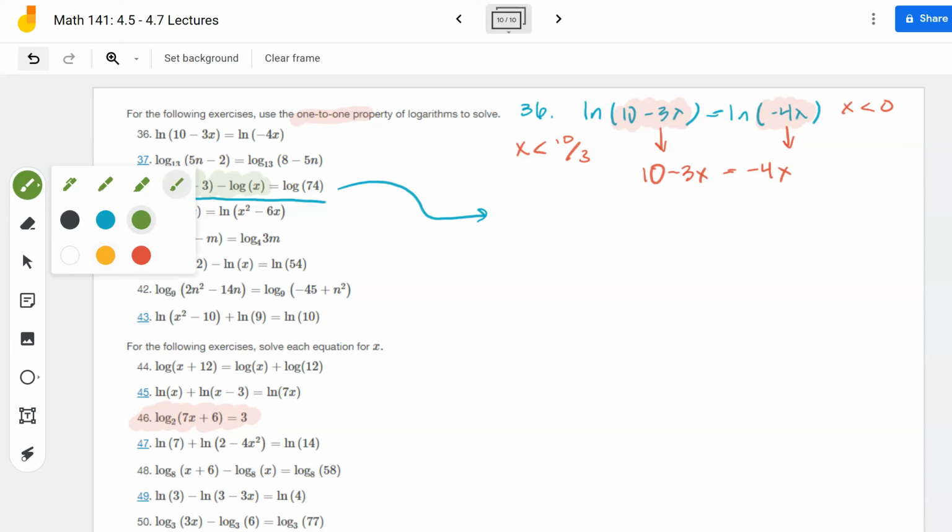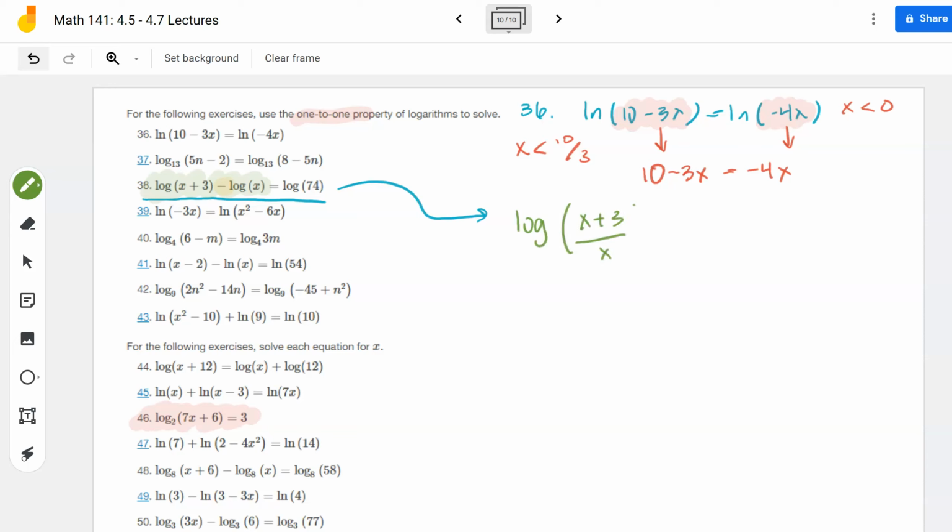There's subtraction between them, which means we're dealing with the quotient rule. So we could rewrite this as log of x plus 3 all over x, because it's minus log x, is equal to the log of 74. And now we've got a log equal to a log, and we can just set the two arguments equal to each other. x plus 3 all over x is equal to 74.